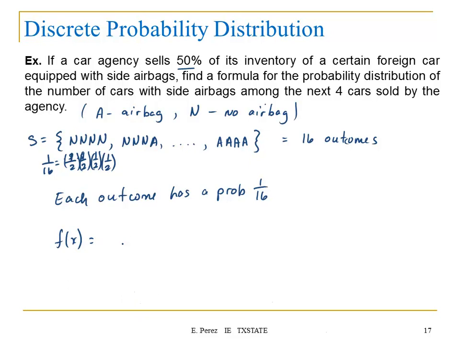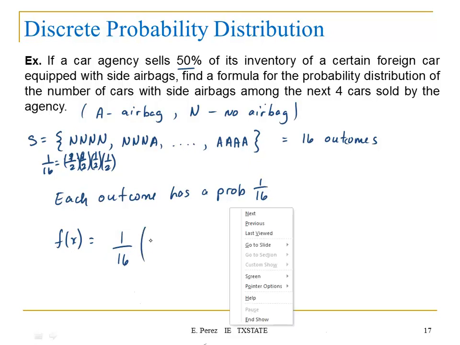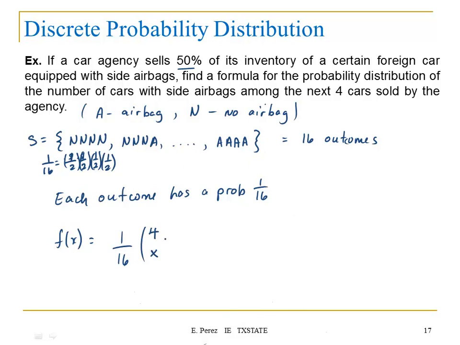So what we can do is define the function. We know what's going to be the denominator. It's going to be 1 over 16. And we can use theorem 2.6 to define the number that we are going to be selecting, where x can go from 0 to 4.